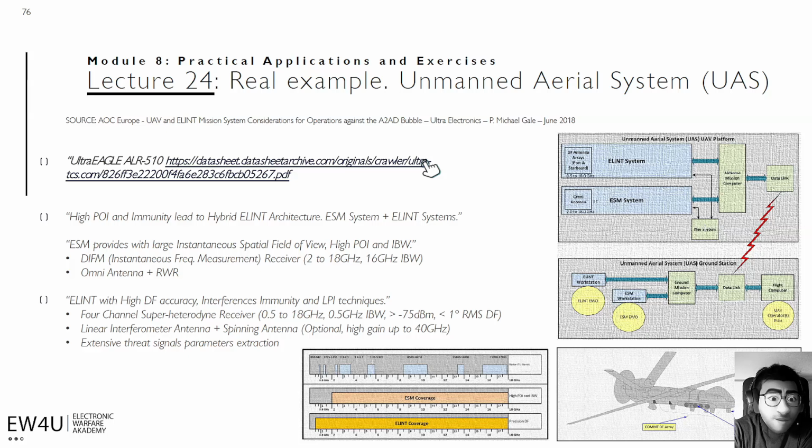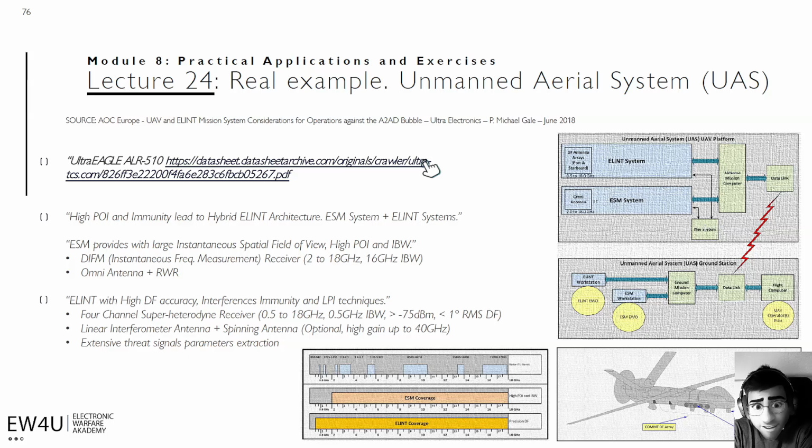And what about ELINT? ELINT offers high direction finding accuracy, interference immunity, and low probability of interception techniques. In this case, we have a four-channel superheterodyne receiver, 0.5 to 18 gigs, half a gig of instantaneous bandwidth, minus 75 dBm sensitivity more or less, and around 1 degree RMS direction finding.